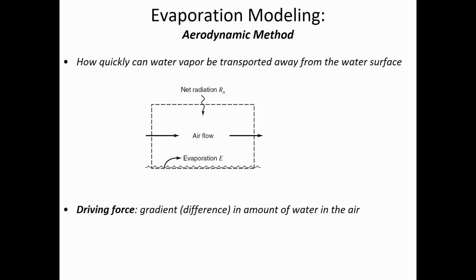But further and further away, the relative humidity is lower because the airflow is bringing in dry air. So the faster the air, the humidity profile is going to reduce the thickness of the boundary layer where the relative humidity is high.